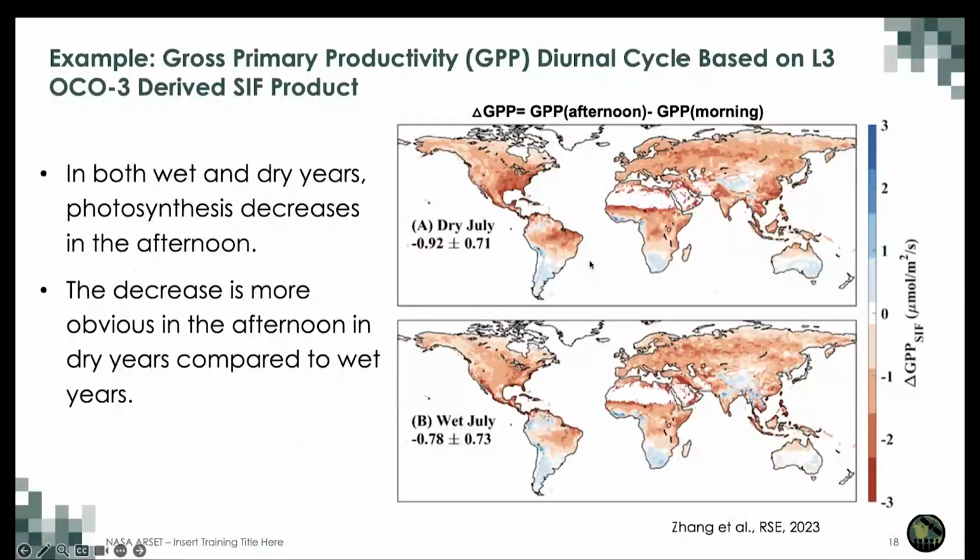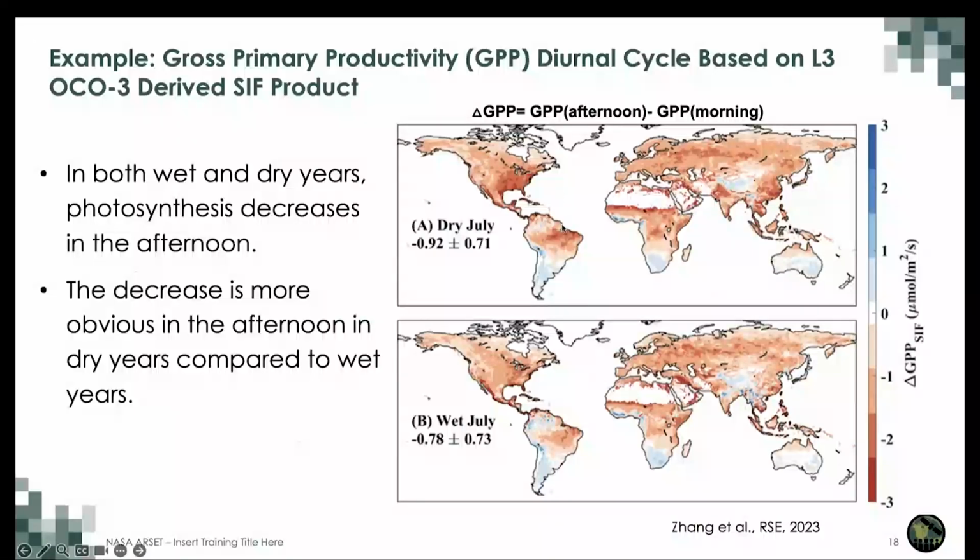We can see that for either dry July or wet July, the afternoon GPP is lower than the morning GPP, indicating that productivity is reduced in the afternoon due to water stress.